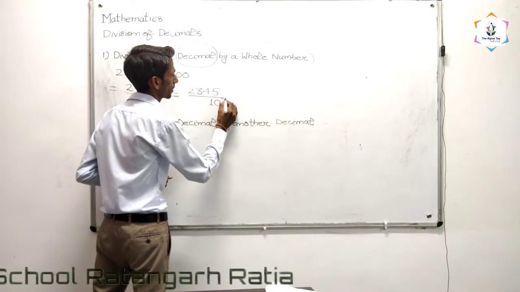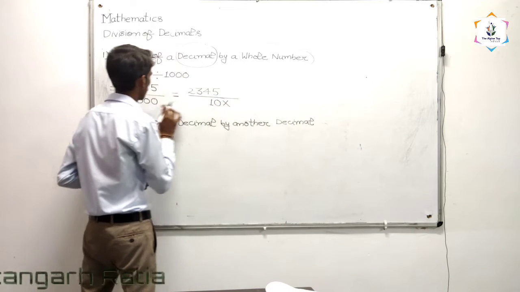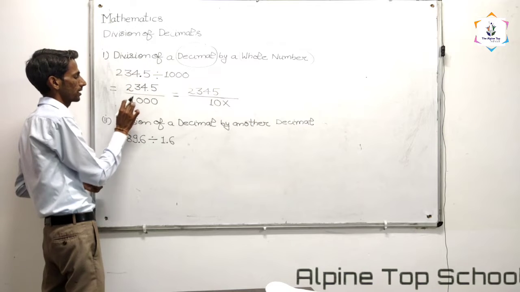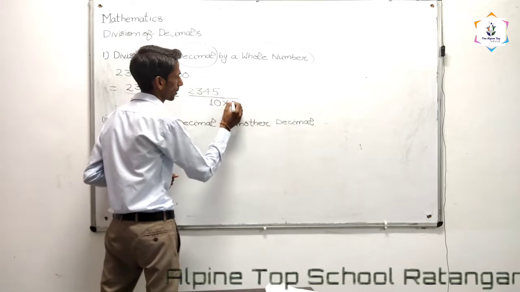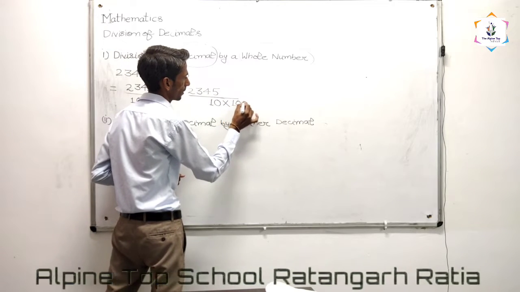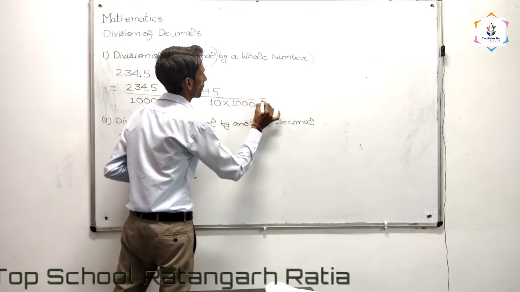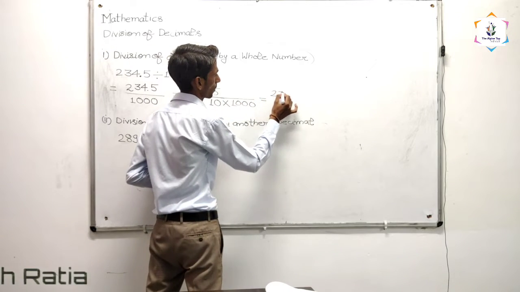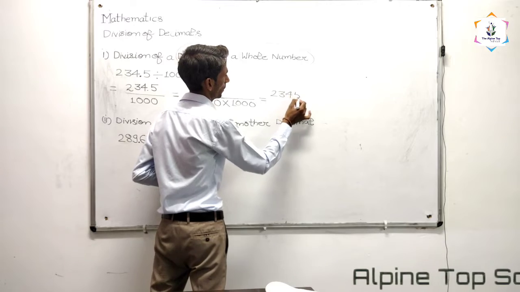Now dear students, we have observed in the statement that we already have to divide this decimal number by 1000. 1000 I am writing as it is. Now what we have to do, the upper number we write the same, 2345.